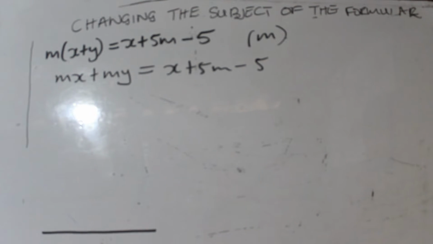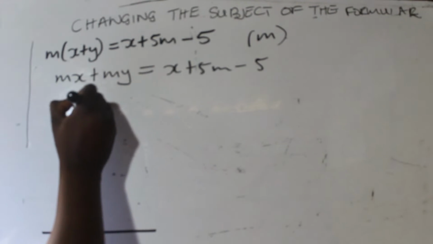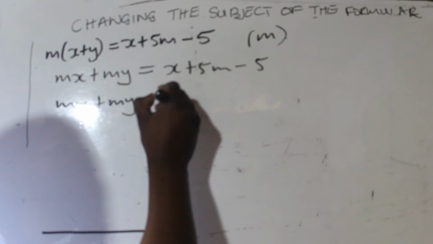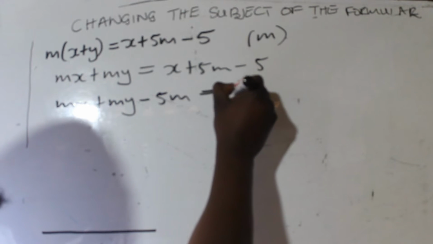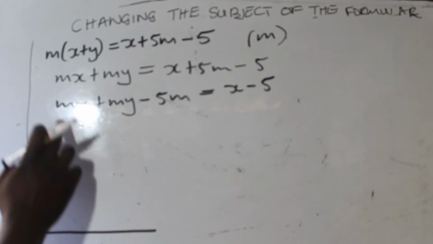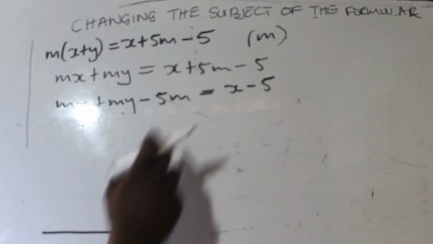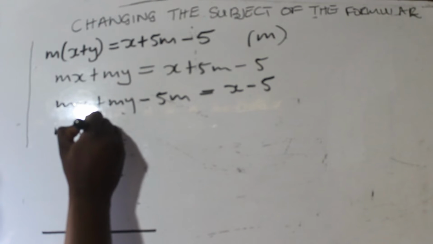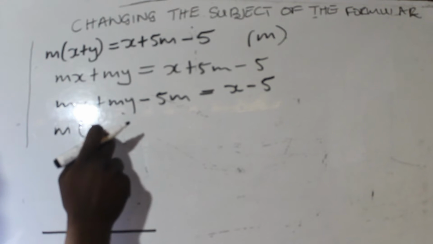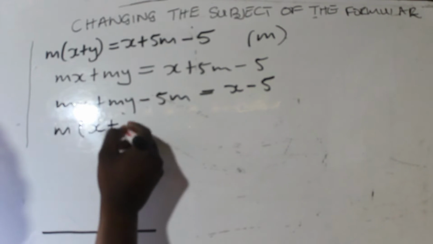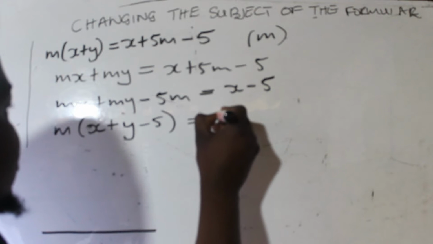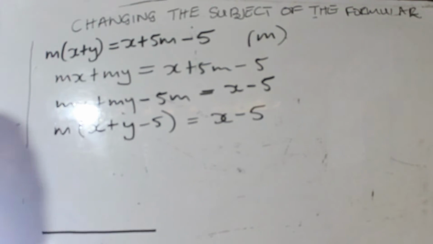Then everything which has m should be on one side. So we have mx plus my. This 5m will jump to this side and becomes negative 5m is equals to x minus 5. On this side m is common, so we factor out m, and here it becomes x plus y minus 5, is equals to x minus 5.